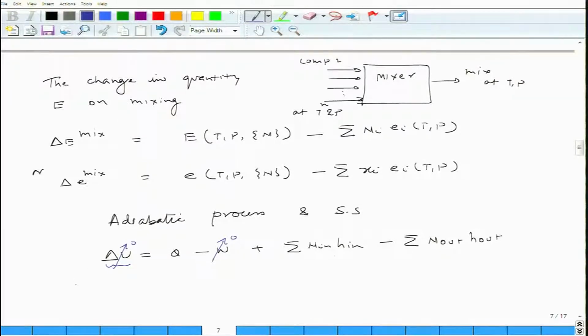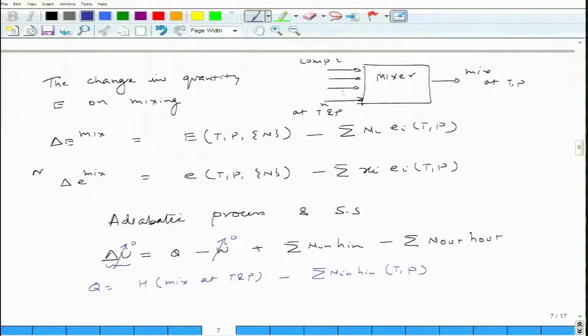Now, Q is nothing but essentially the enthalpy of the mixed fluid at T, P minus summation N_i H_i at T, P. So, H_i means it is for a pure component.